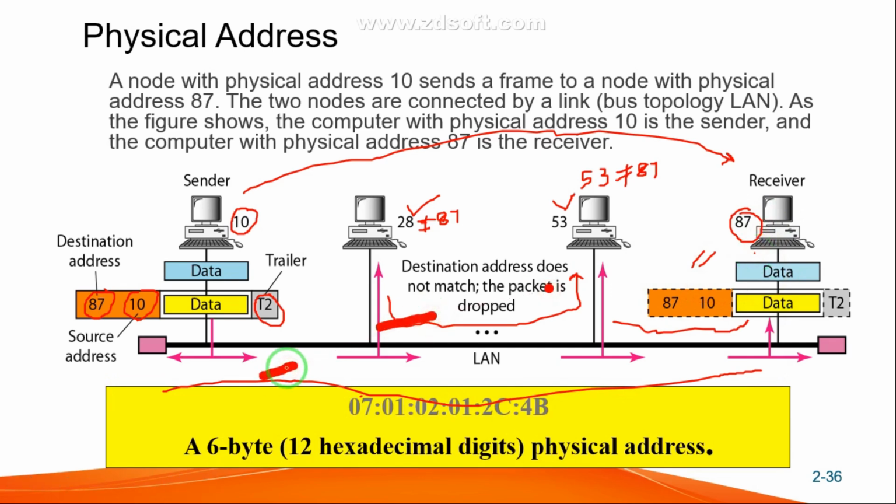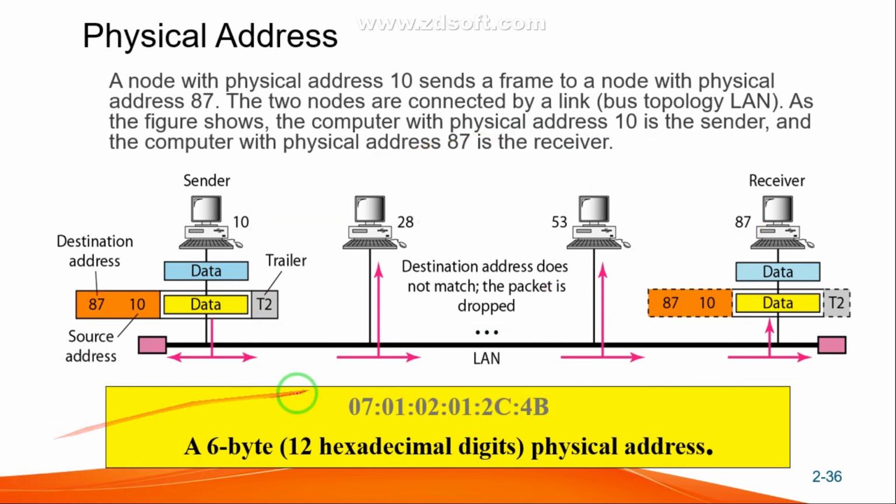And see how this physical address looks. This is the physical address, which is 6-byte hexadecimal digits. There are a total of 6 bytes, 1, 2, 3, 4, 5 and 6, and each byte unit is separated by this colon.